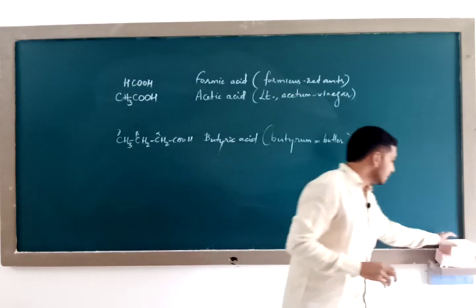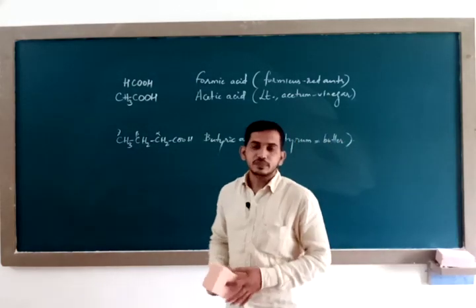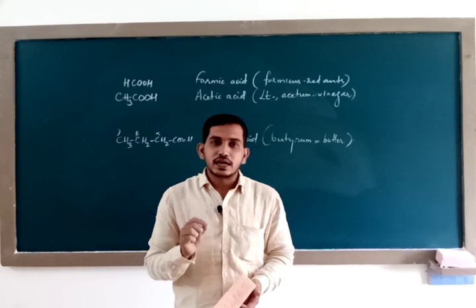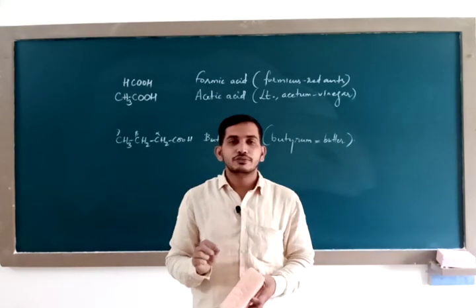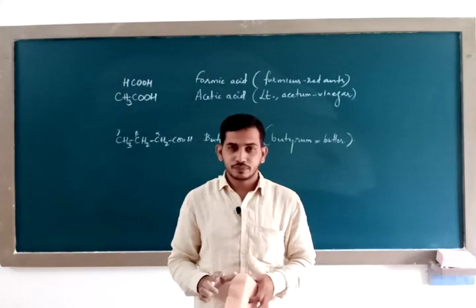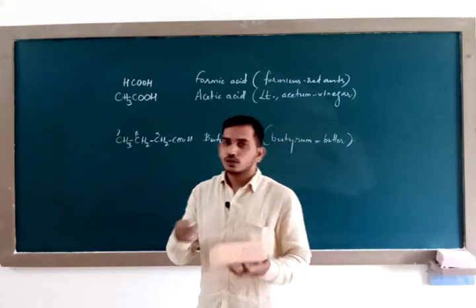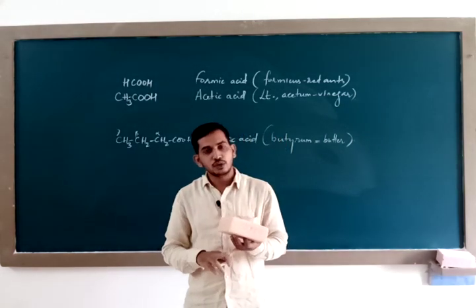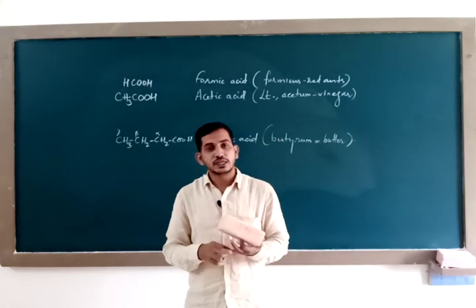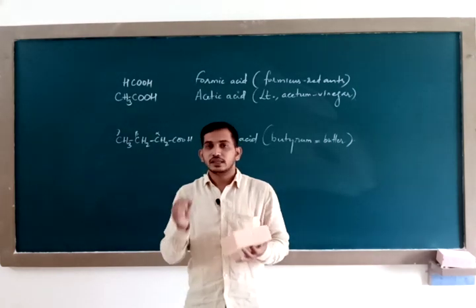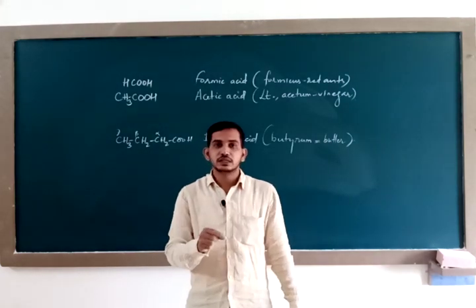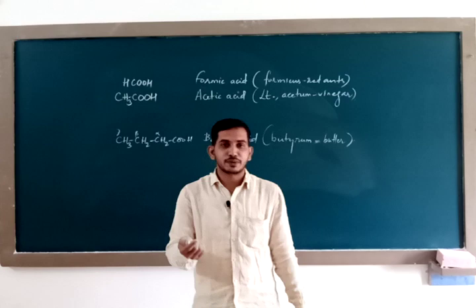Understood? But in IUPAC system, the carboxylic acids are named based on the number of carbon atoms they contain. The same rules follow. You should follow the longest chain rule, then sum of locants should be minimum, and then the functional group should be given least number, that is highest priority.